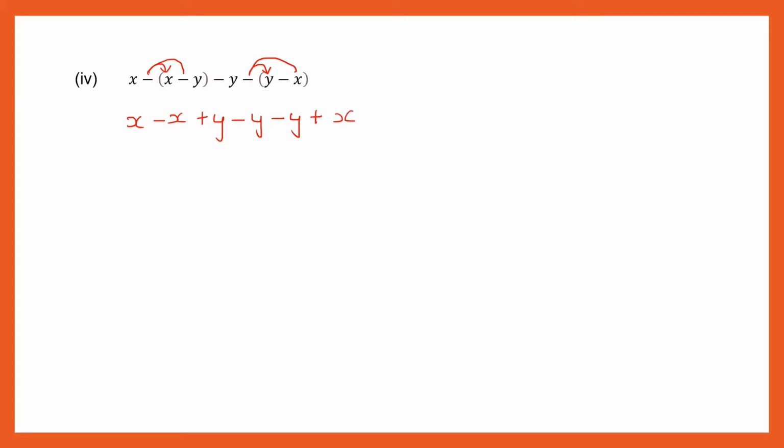So let's put all the x together. X, now this is plus, minus x, plus x. Let's put all the y's together. Plus y, minus y, minus y. Let's give them numbers. 1, 1 and 1, 1, 1 and 1.